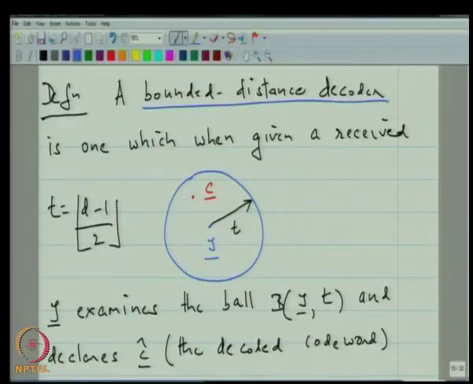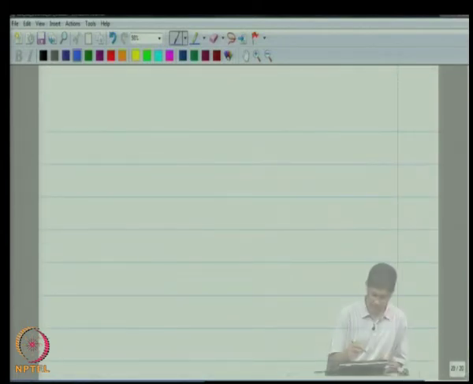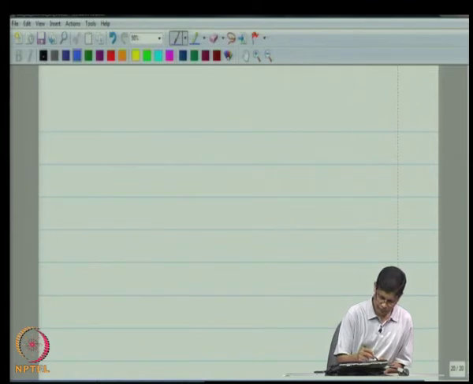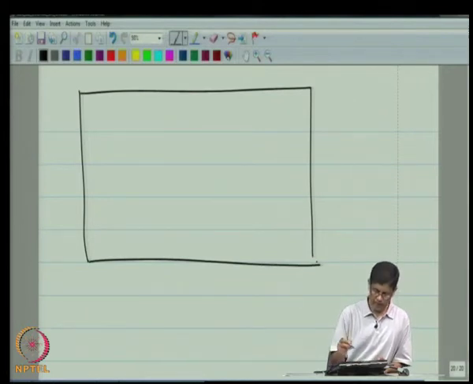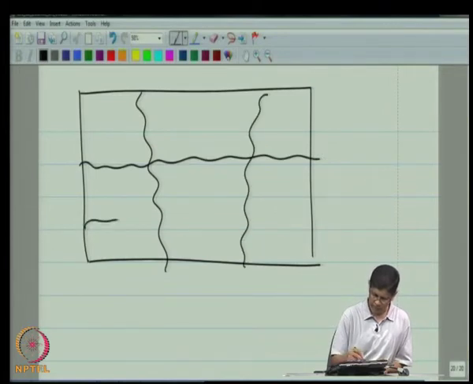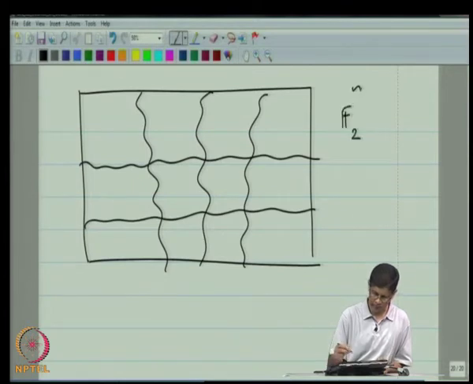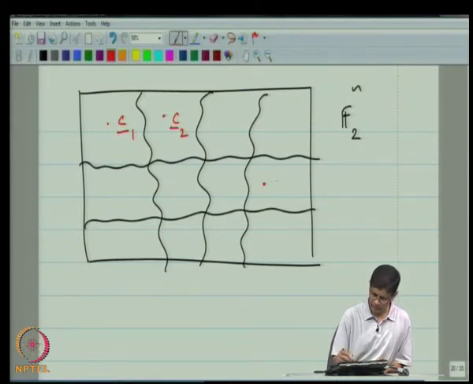This sounds very logical to me. So what an alternative decoder might do, and we'll actually be coming to this soon, is the following. It might just partition the set of all n-tuples, so let's say this is F2 to the n, into regions and say that, look, if the received vector is in here, I am going to decode C1, and so on.